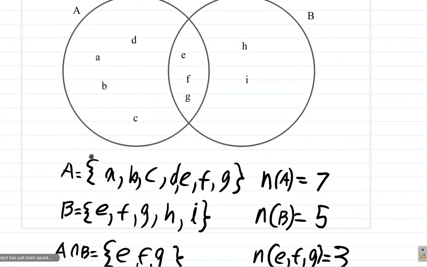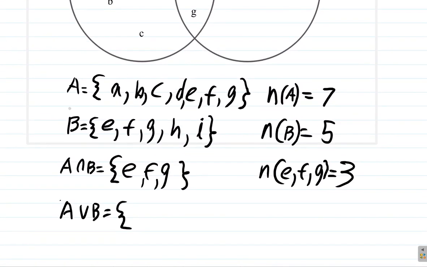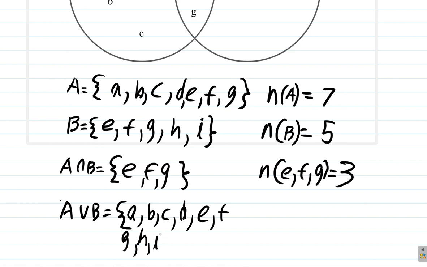Well, we have A, B, C, D, E, F, G, H, I. Okay. Everything. Alright. So, there we are.